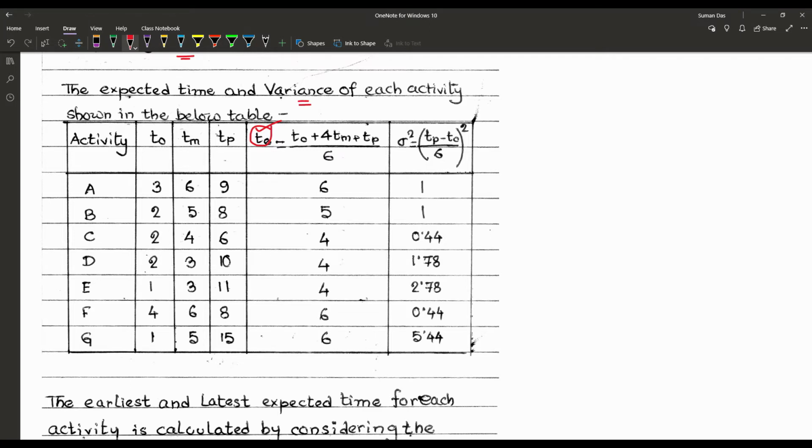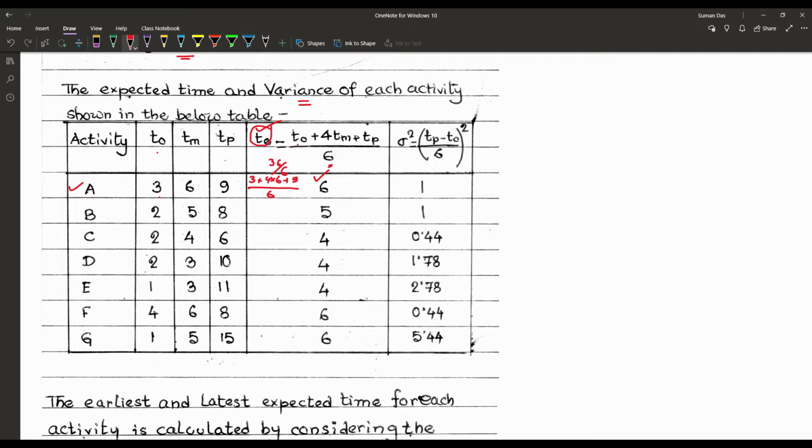The formula is Te equals To plus 4 times Tm plus Tp, upon 6. For the first activity, A, To is 3, so we have 3 plus 4 into 6 plus 9 upon 6, which is 36 by 6. In that way we have found it as 6.